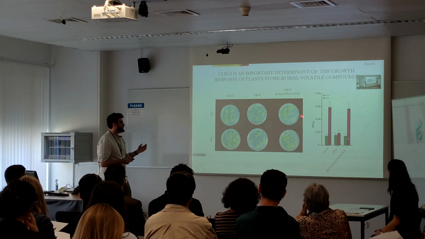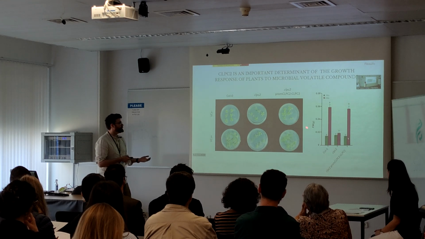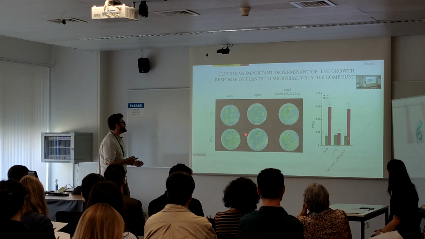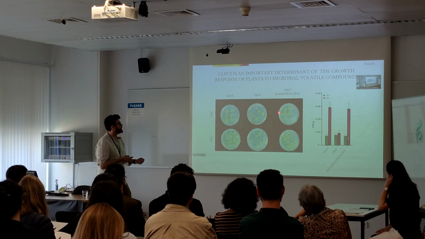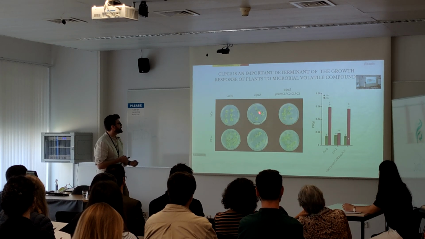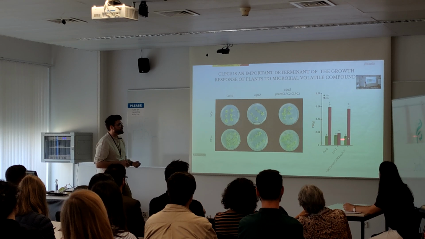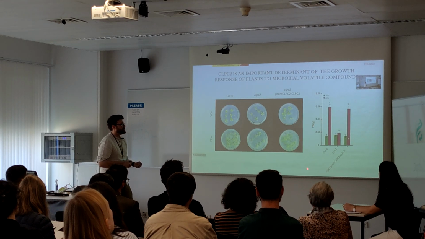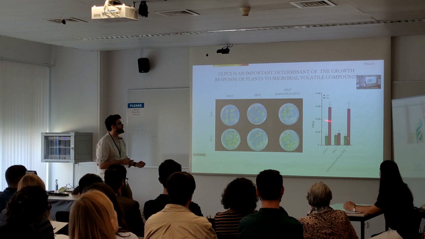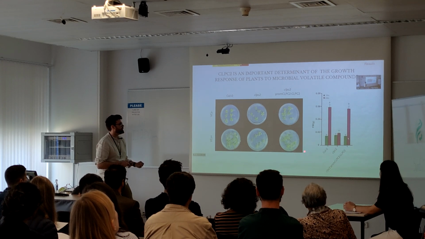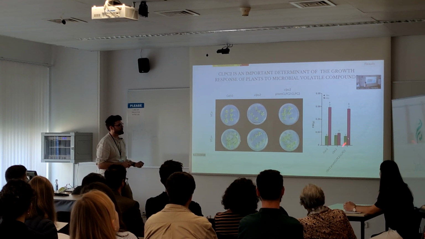The big question was: does CLPC2 respond to volatile compounds? We analyzed the growth promotion of CLPC2 plants exposed to microbial volatiles, and we discovered that CLPC2 doesn't respond to volatile compounds, compared with the wild type and the complemented CLPC2 line.